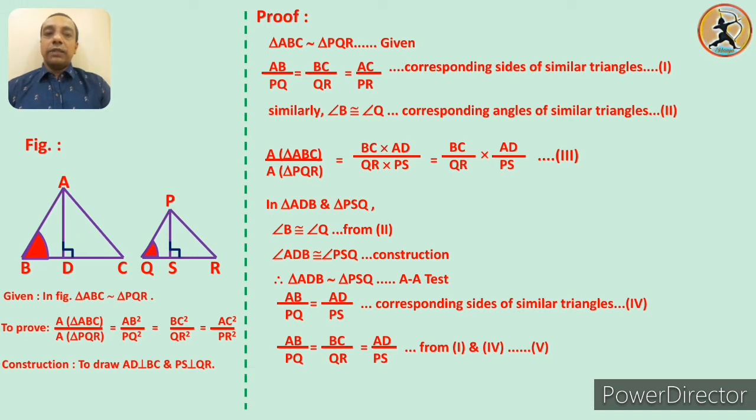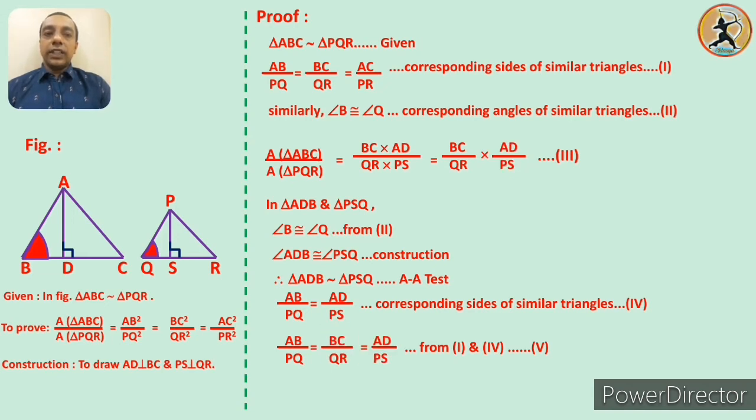So in the fifth statement, students, we have shown that BC upon QR is equally proportional to AD upon PS. It means, again, we are going to consider the third statement where we have written BC upon QR into AD upon PS. This AD upon PS, now we can replace it by BC upon QR.